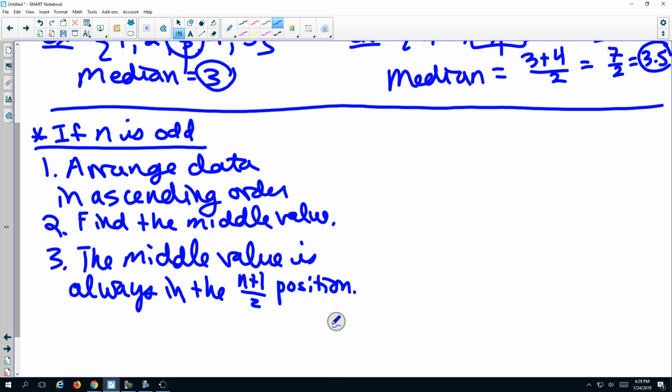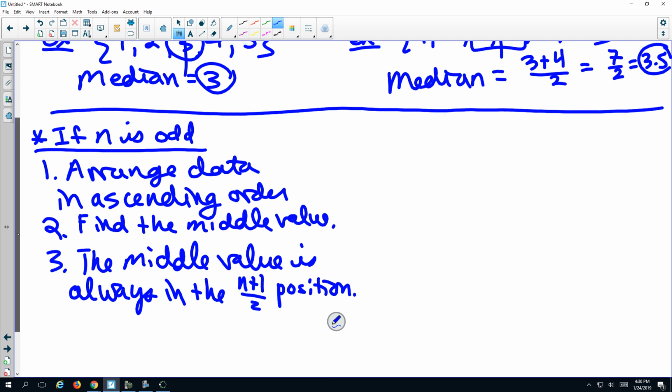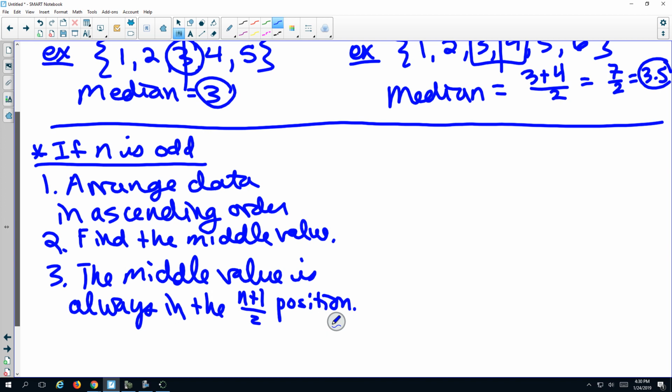So the middle value is always going to be in the n plus 1 divided by 2 position. So what does that mean? Our first data set has 5 members, right? 1, 2, 3, 4, 5. So n is 5. Sample size is 5. What's n plus 1? 6. 6 divided by 2? 3. The median is in the 3rd position.